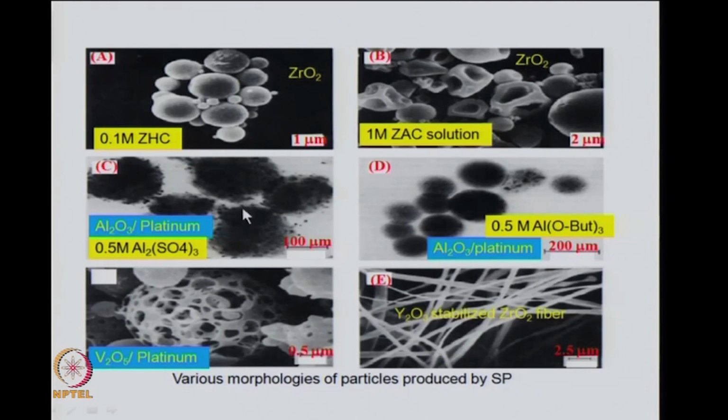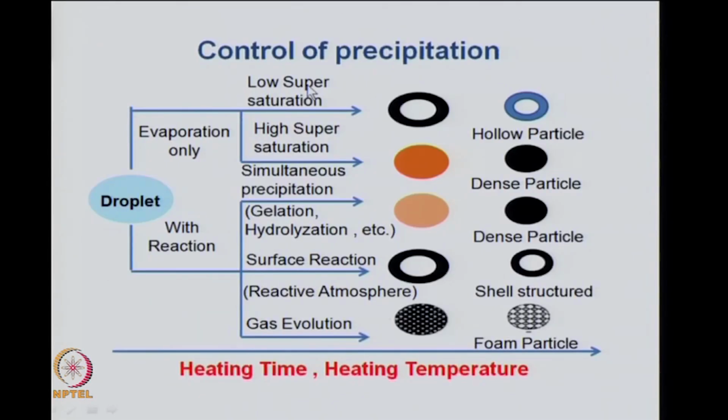These two examples C and D are of alumina in platinum, and the two are quite different as you see in the morphology, because again we have modified the concentrations. Here it is 0.5 molar aluminum sulphate, and here it is 0.5 molar of another reagent, aluminum butoxide. Now, these two materials have different solubilities, and although the concentration as such appears to be the same, since their solubilities are different, you have a different level of saturation.